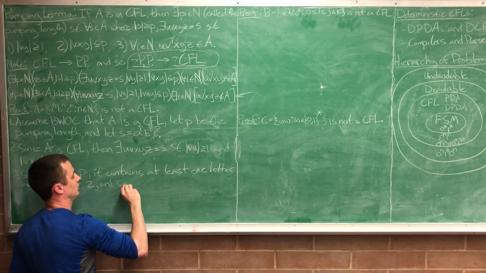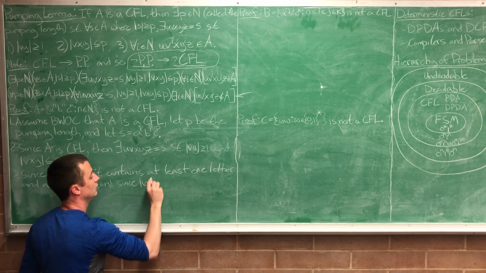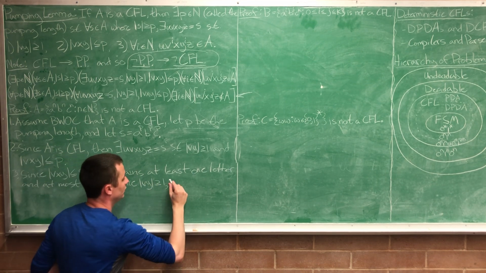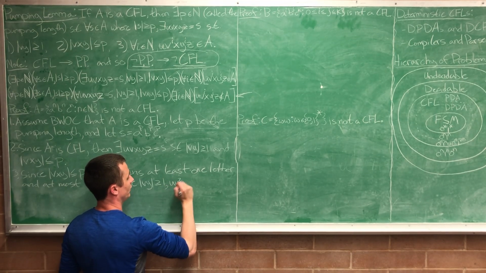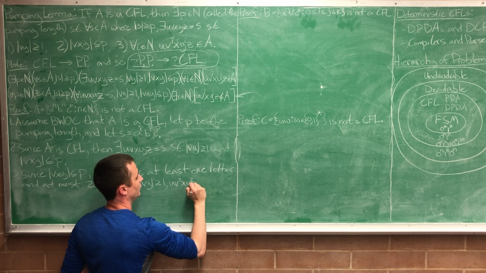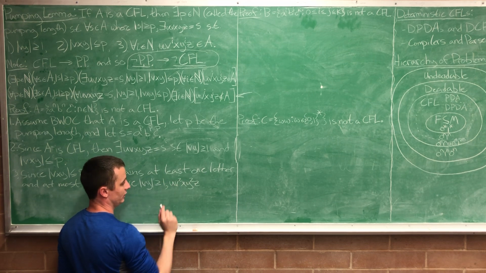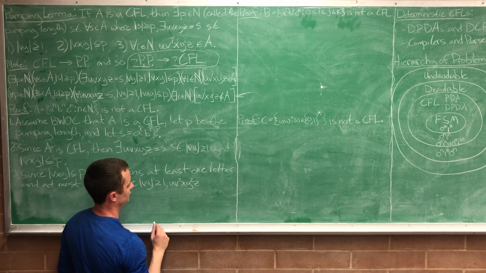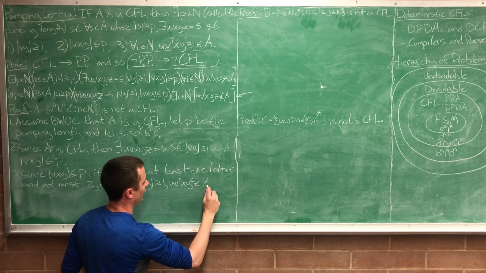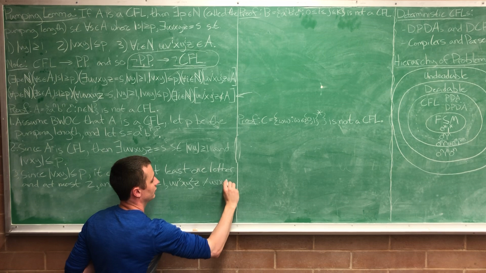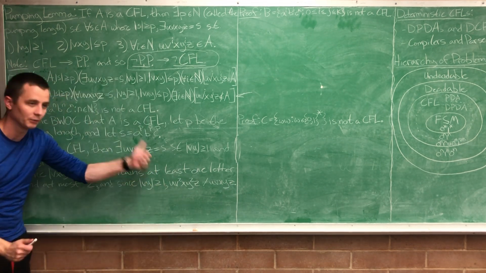And since the vy part has length greater than or equal to 1, u v squared x y squared z adds letters. It changes the string if we pump it up in these forms.